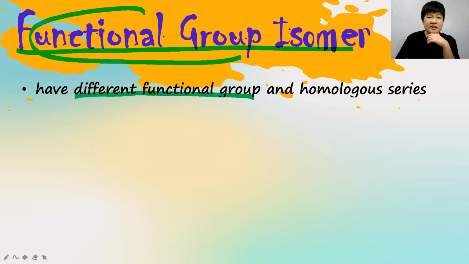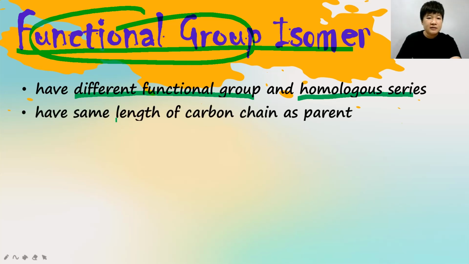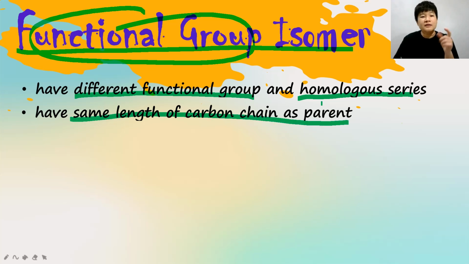We are changing the functional group or homologous series. And the other requirement will be the same length of carbon chain as parent. So, like positional isomer, when you're changing the functional group, you don't change the rest of the thing. Alright? You only change the functional group. But the longest carbon chain should remain the same. Okay? Don't be greedy. You only change one thing at one time.